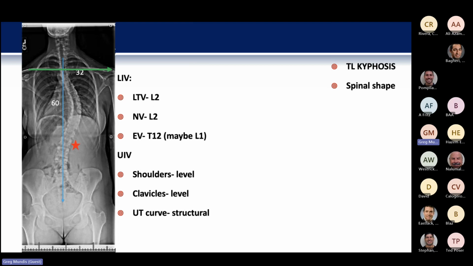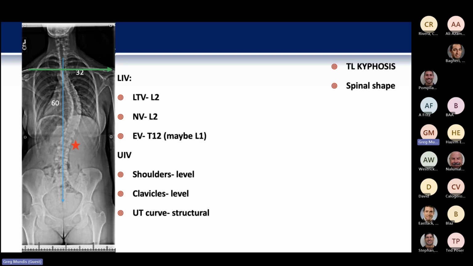So when we're thinking about where we start and stop, if you look at her LIV, the neutral vertebra is around L2, and that would probably be a good stopping place, given that her central sacral line bisects the pedicles at L3 but still touches at around L2, so we'll call the last touched vertebra L2 as well.